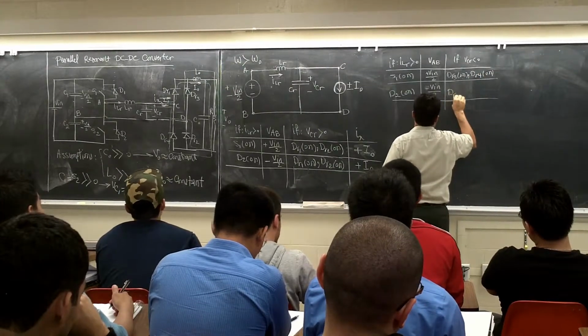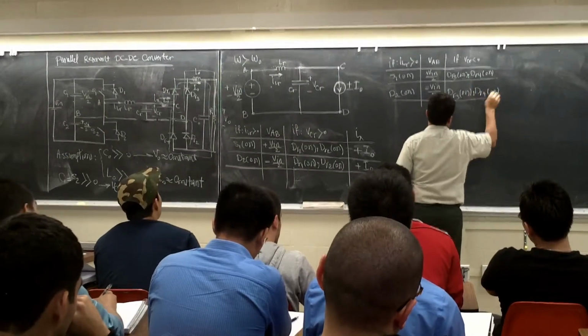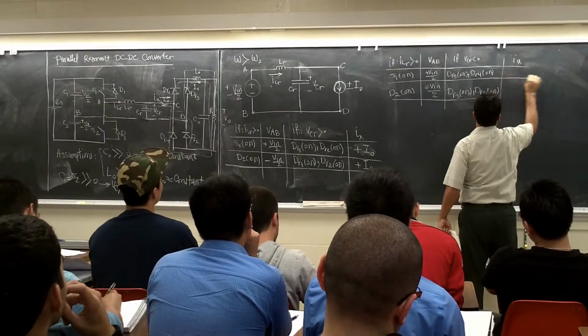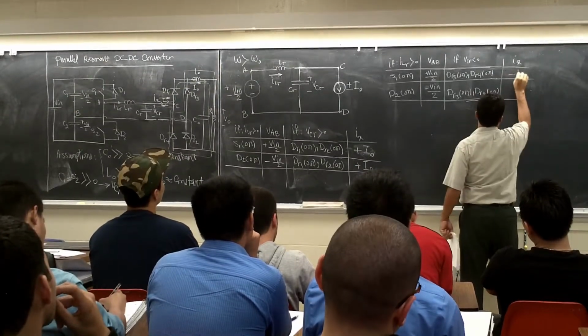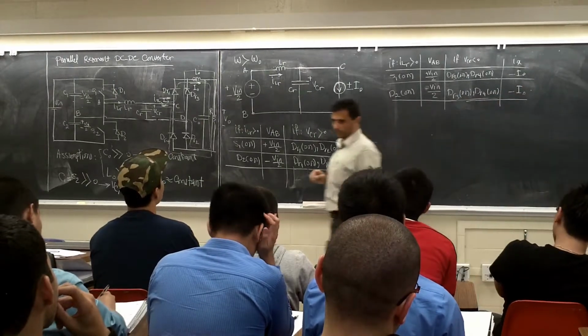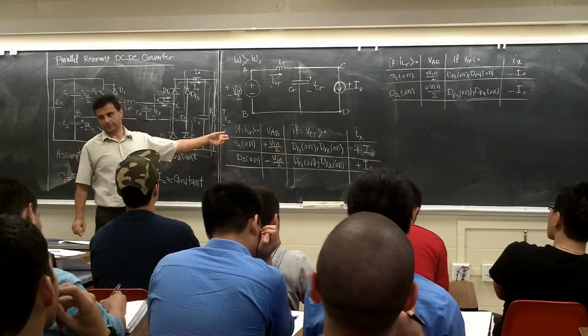Again, the same thing here. So how much is the IX? Minus I0, right? We can repeat the same thing for ILR negative, right?